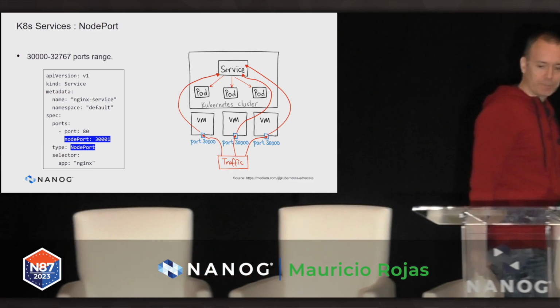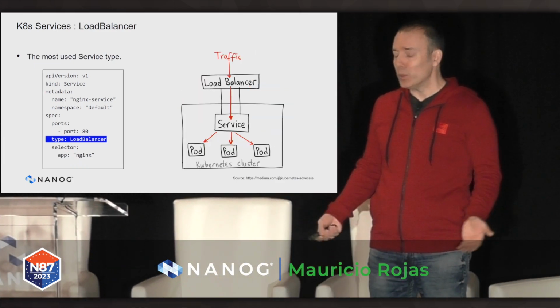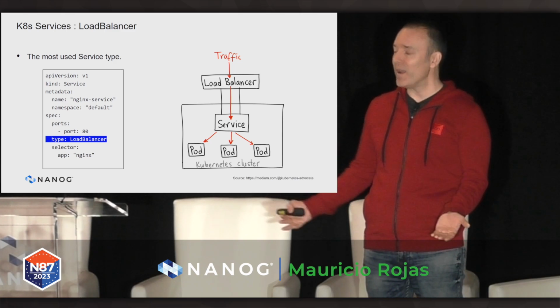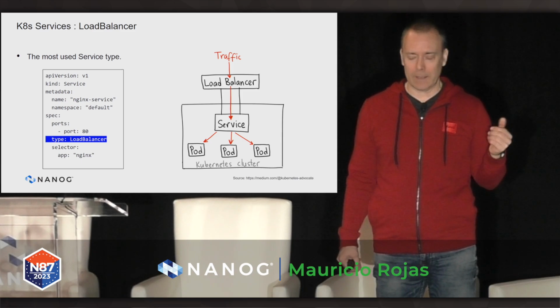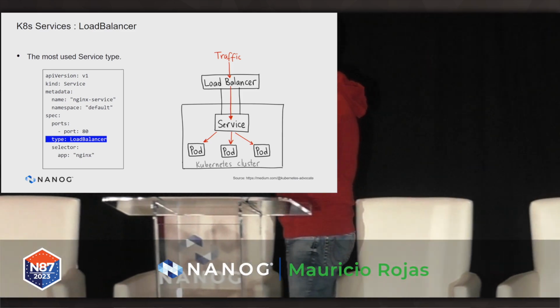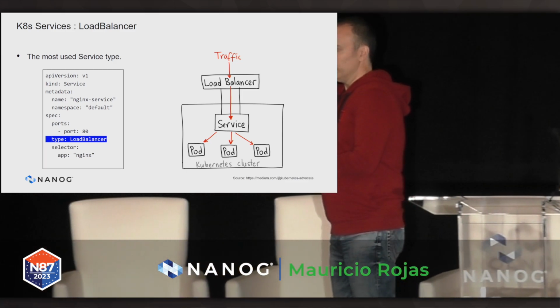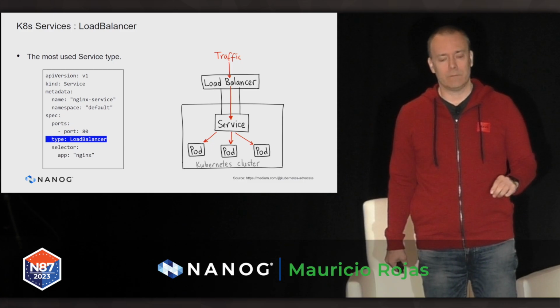Easy peasy. But if you also want to automate the load balancer inside the Kubernetes cluster, if you go up to a public cloud like Google, Amazon, any Kubernetes service that you are actually using, they have that in their portfolio.